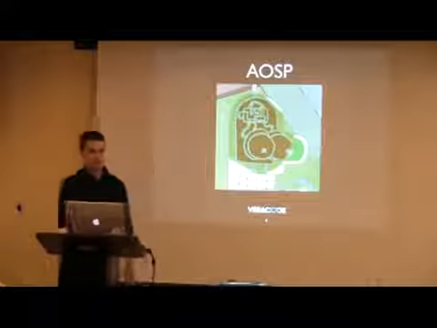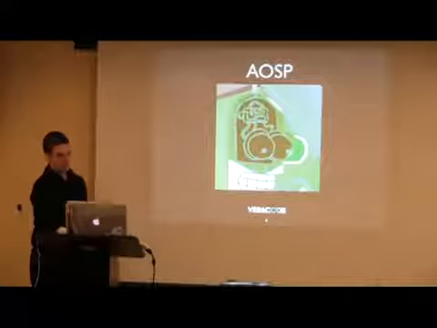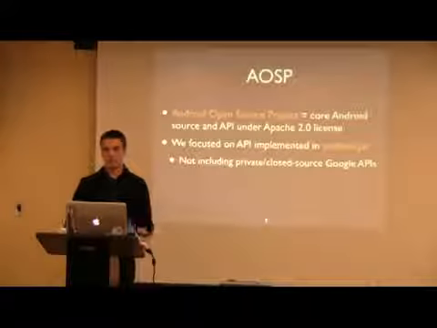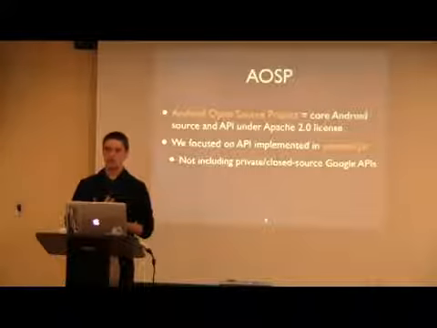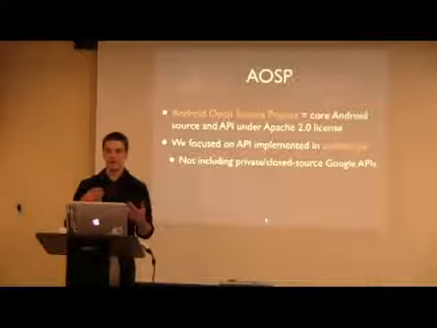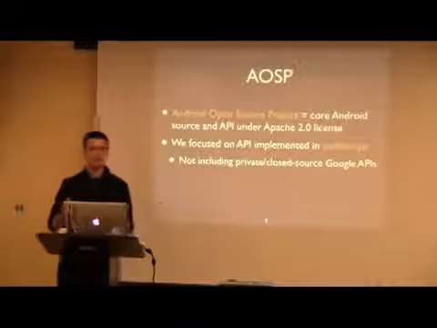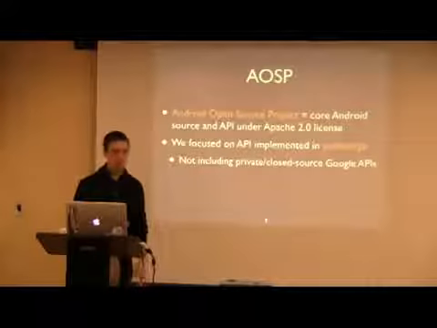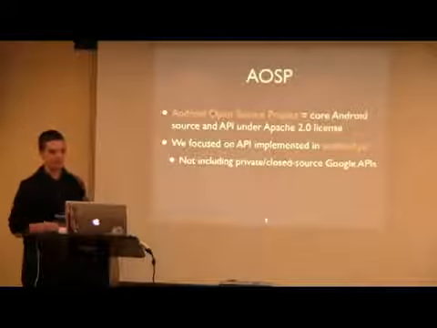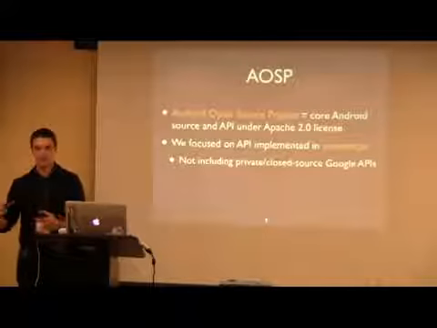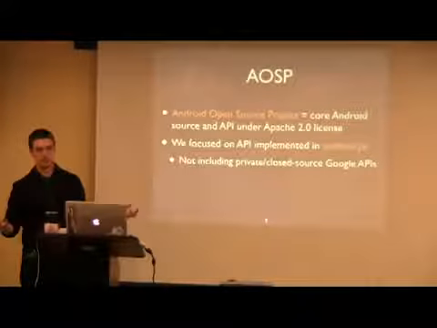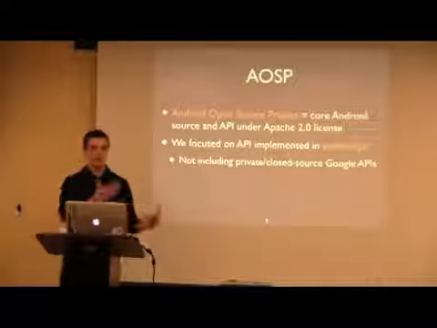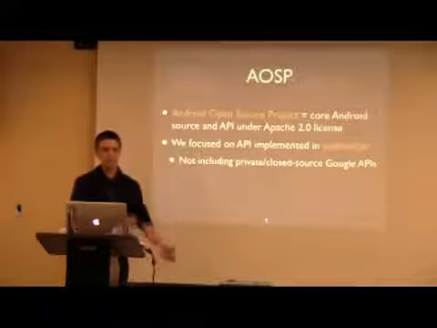So what is AOSP? Briefly, it's basically the core of Android, right? It's everything from all the frameworks to all the extras to everything that makes Android run, and then of course the modified Linux kernel. We focused, for the purposes of this research, on the API that was in android.jar, which is obviously the Java archive that represents the Android API that your application can work with.